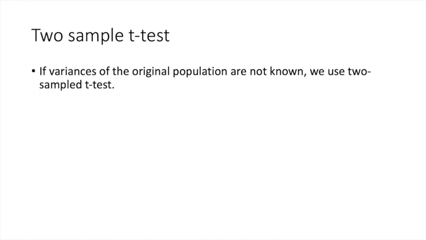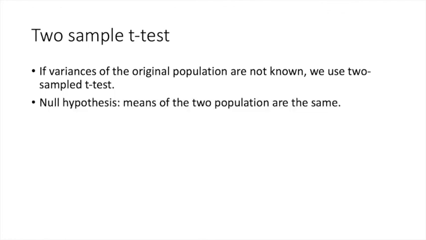If instead the variances of the two populations are not known, then we use the two-sample version of the t-test. Again, the null hypothesis assumes that the population means are the same, whereas the alternative hypothesis assumes some inequality in the mean values.